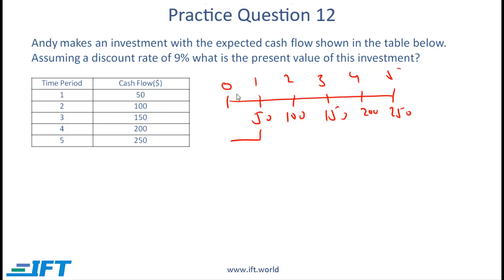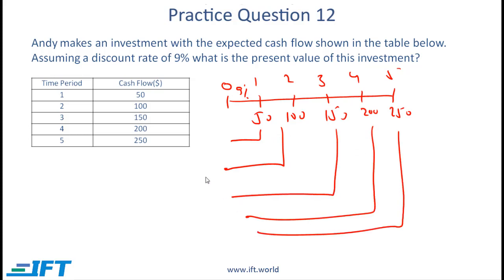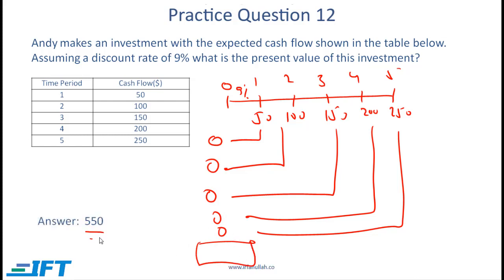You take each payment and discount back at 9% and then add up all these numbers. The answer that you should get is 550. This is a long-winded way of solving the problem. In the next reading, I will show you how to use the calculator to solve this problem.